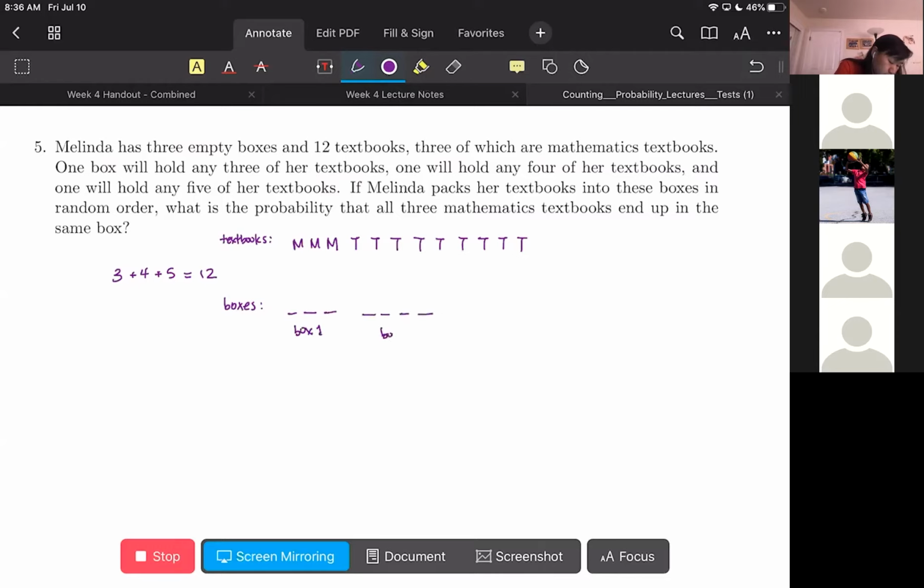Box 2 that has capacity 4. And box 3 that has capacity 5. And so now we want to see what is the probability that all 3 math textbooks end up in the same box.